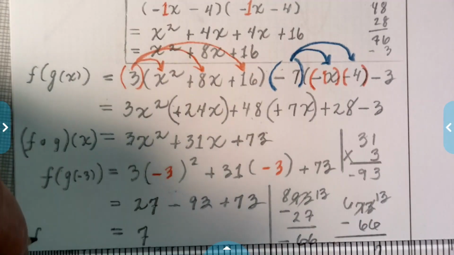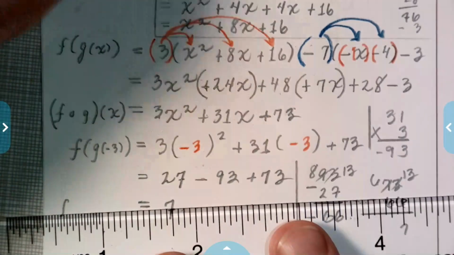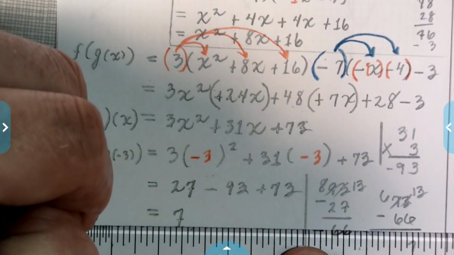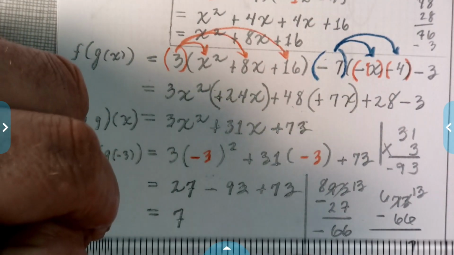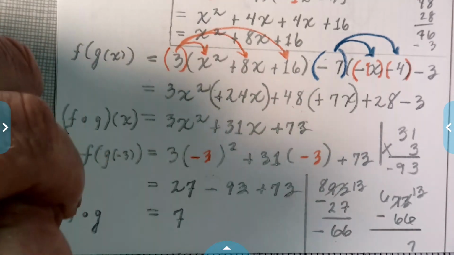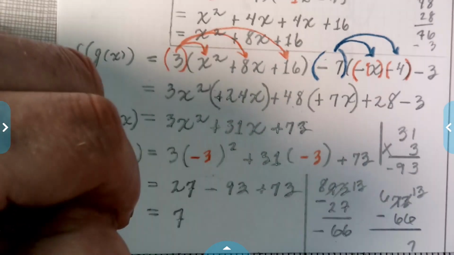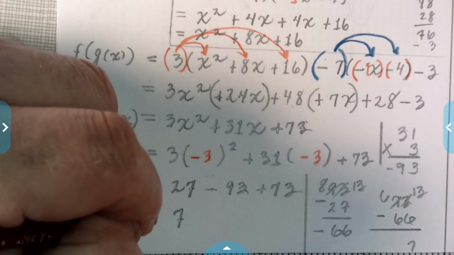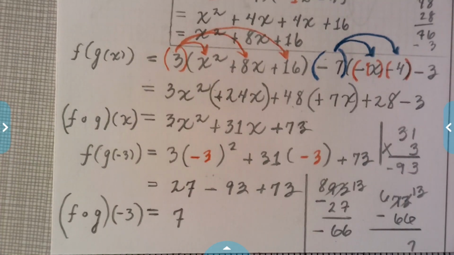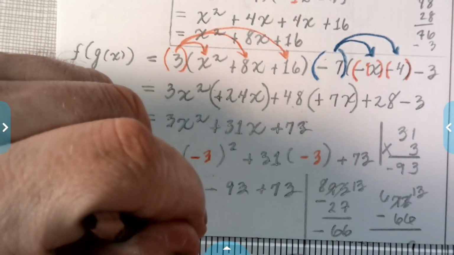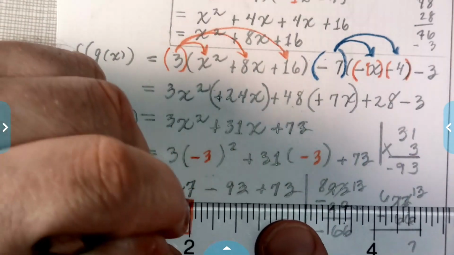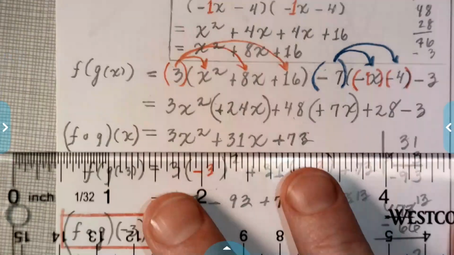Okay, so f of g of -3 is 7. Okay, so put that in a box. And then here's your composed function.